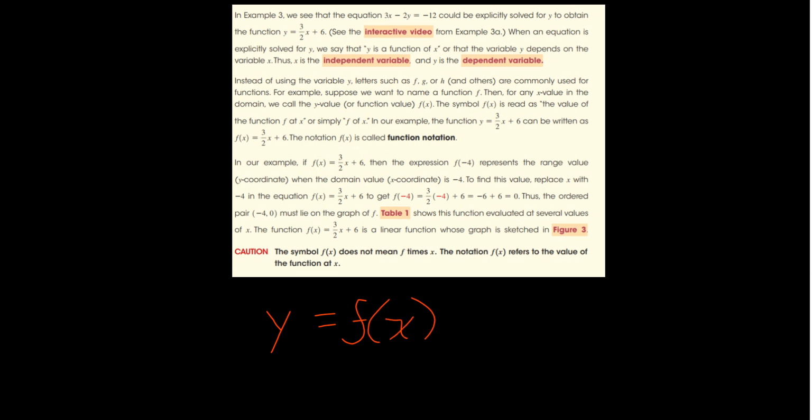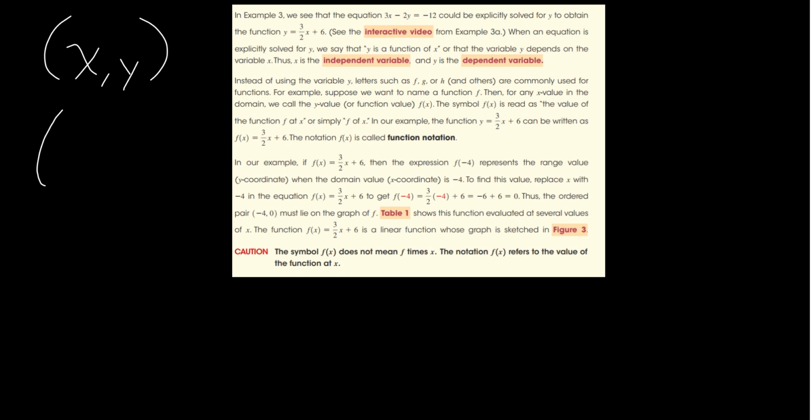That makes sense because if I was talking about an ordered pair, I know my ordered pair is some x and some y. Well, I can also say that that ordered pair is some x and the function at that x.